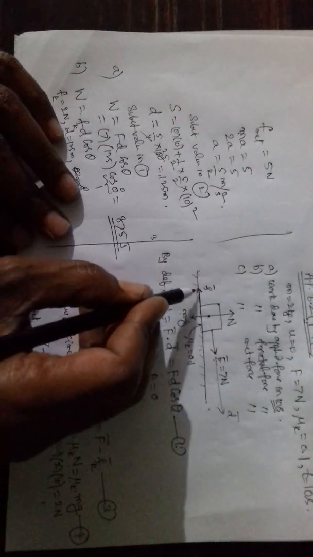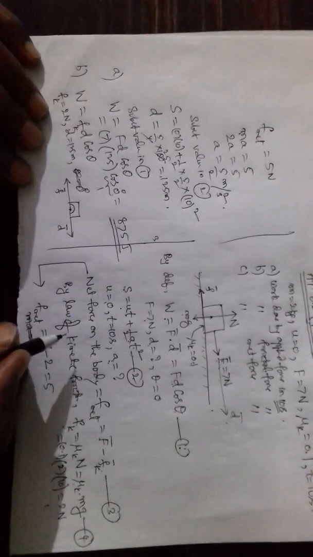See here, F is to the left hand side, D is to the right hand side. The block is displaced to the right hand side and friction is working to the left hand side. The angle theta is how much? 180 degrees. And cos 180 degrees is equal to minus 1.